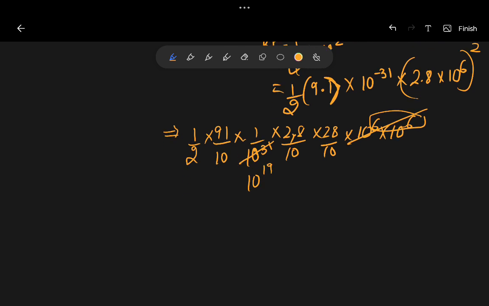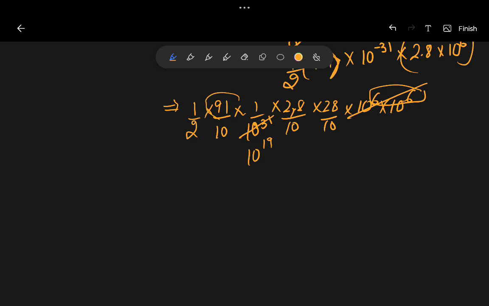Right, now it is 91, wait, 2 into 14 is 28, and 14 into 91, where we can cancel it, so 7 into 28 and 91, so it would be 196 into 91.